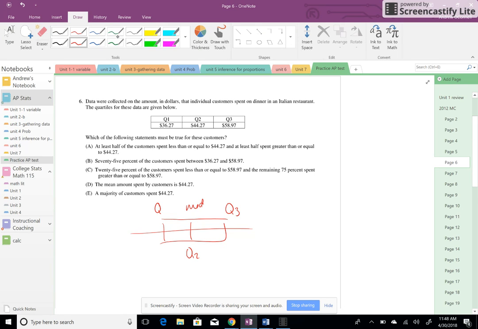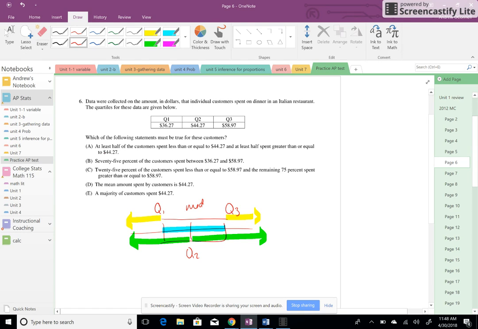Let's interpret that. That means 50% of the data is in the quartiles, 50% of the data is above median, 50% is below the median. Also, that means 25% is above quartile 3, 25% is below quartile 1.